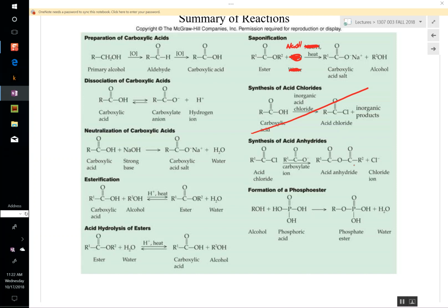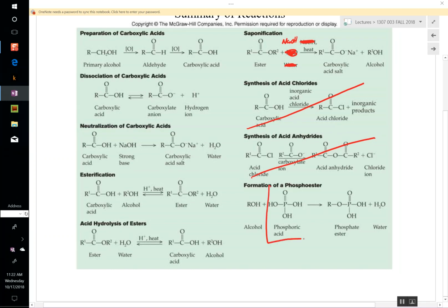That's an anhydride. But that's not a reaction I'll hold you to. Here, basically recognize. Oh, I'm sorry. I put the box around the wrong thing. Basically, I expect you to recognize and appreciate what a phosphate ester is.